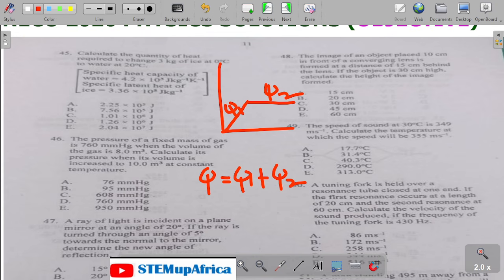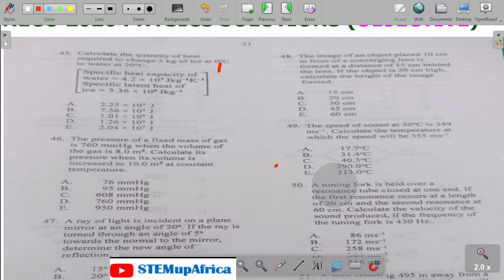Let me erase so we have space. My Q1 will be mass of ice, specific latent heat. Then Q2 is mass of water, specific heat capacity, theta 2 minus theta 1.